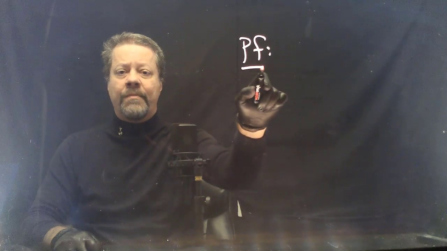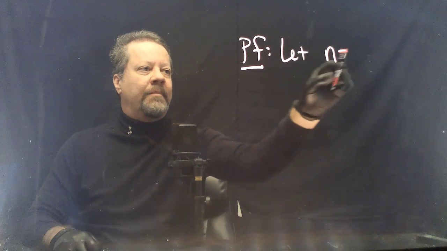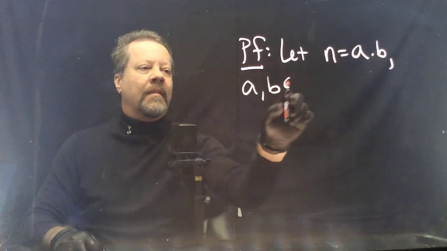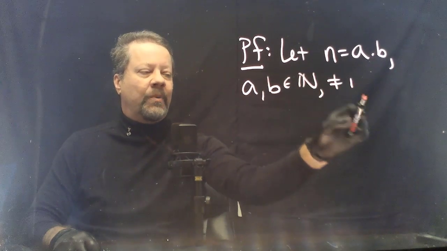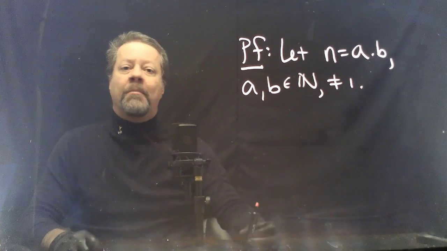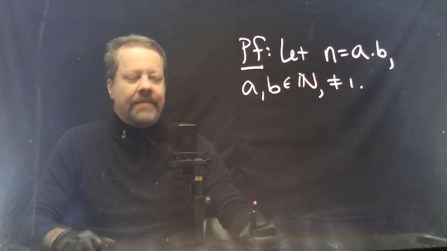In our proof, we get to assume that n is composite, which means we'll let n be a times b. These are natural numbers, not equal to 1. And so n will be composite. It'll be expressible as a product of natural numbers that are not units.